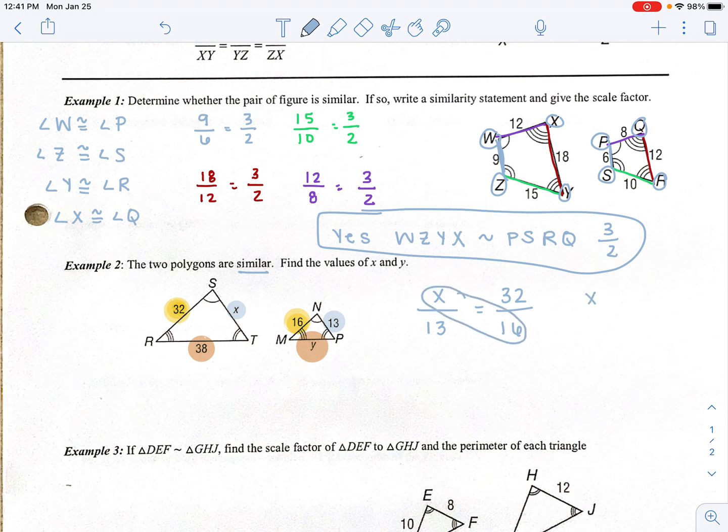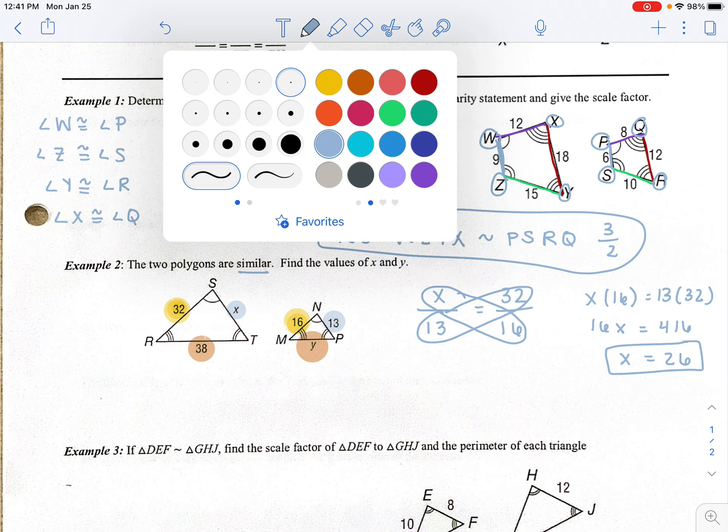Now we can cross multiply and start solving. So I've got x times 16 equals 13 times 32. Over here I get 16x equals 416. Divide both sides by 16, and x equals 26.